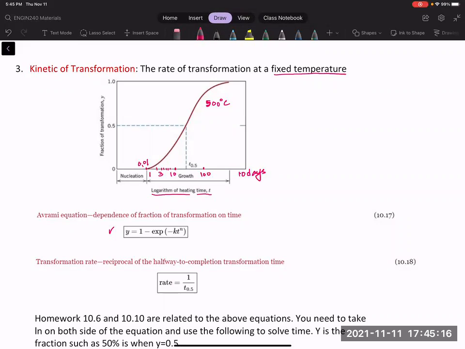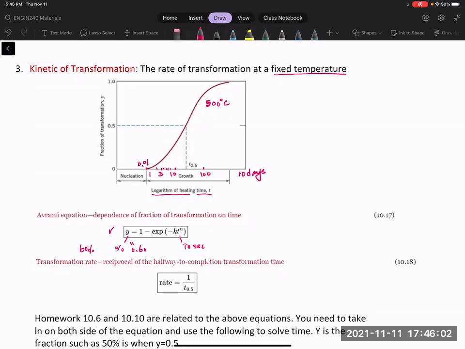The Y here represents the fraction of the transformation that is complete. The t here represents the time, in seconds. The k and n are two constants that depend on the type of reaction or type of material. Y is going to be the fraction, so if they say 60% of the transformation will form, that means Y is equal to 0.60.